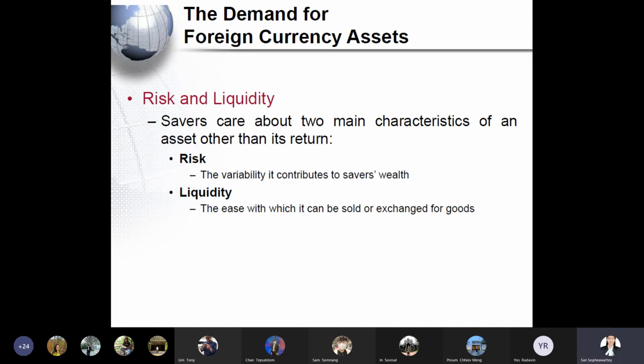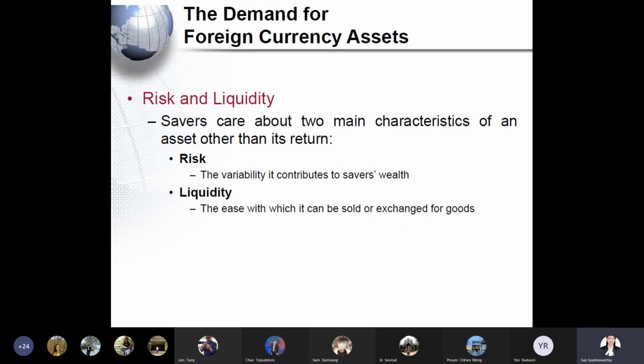So the saver considers two main characteristics of an asset other than its returns. The first one is risk. We know that the asset's real return is usually unpredictable. When we invest in an asset, it's really unpredictable. It may turn out to be quite different from what we expect when we purchase the asset.